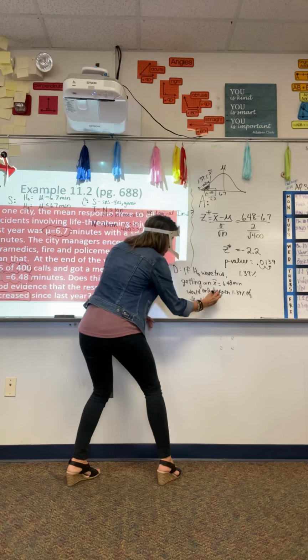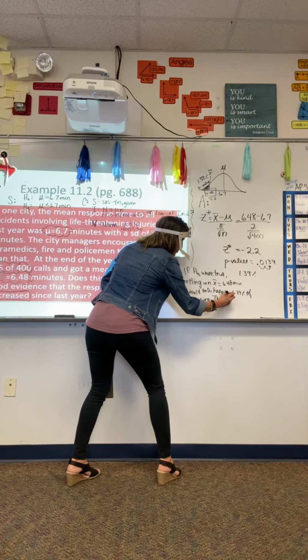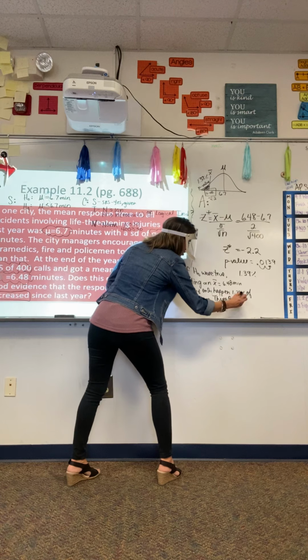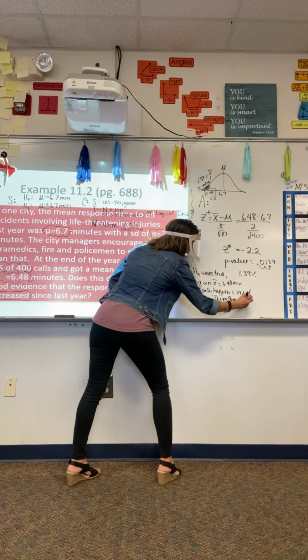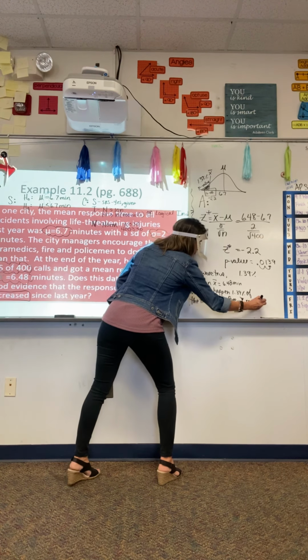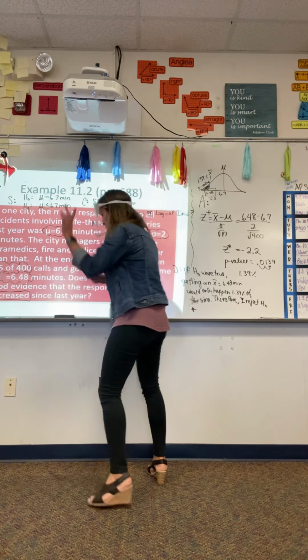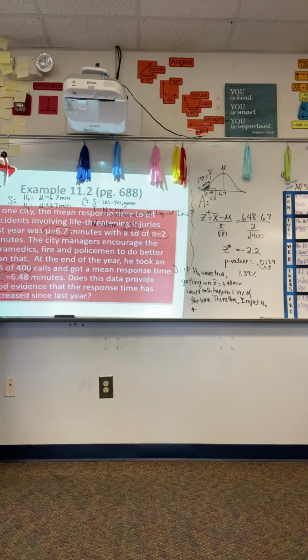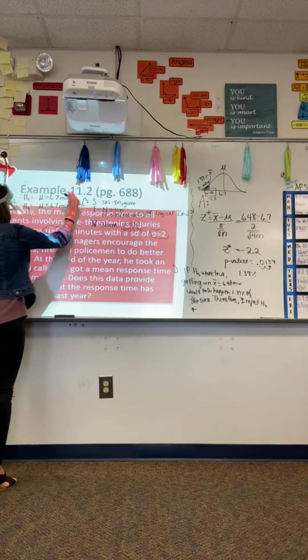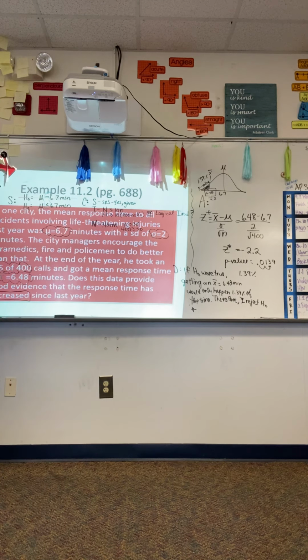So therefore, I reject the HO, I reject HO, and when you reject HO, this is what you're doing. You're going to come over here, and when you reject HO, you can mark through it in your mind, which if you reject that, that means that you are concluding that your HA is true.